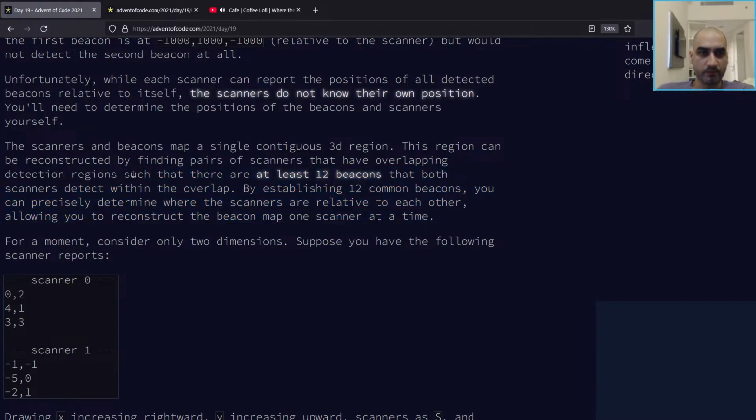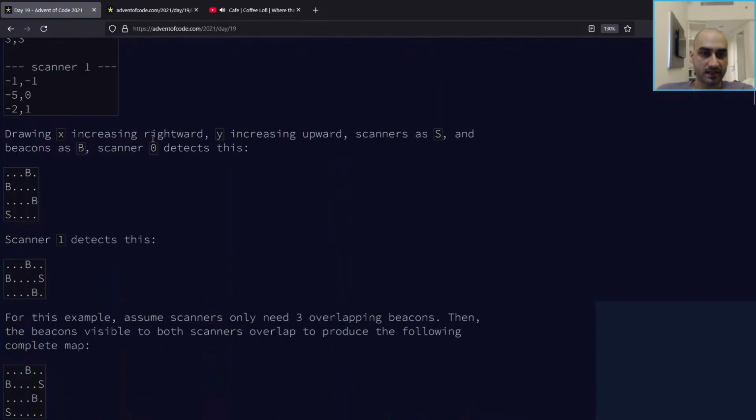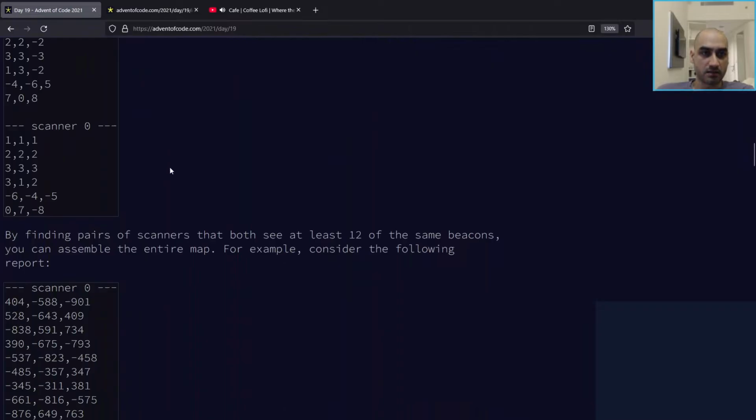Maybe it's more than that. Maybe it's the case that every scanner has at least one other scanner that has 12 beacons in common with it.